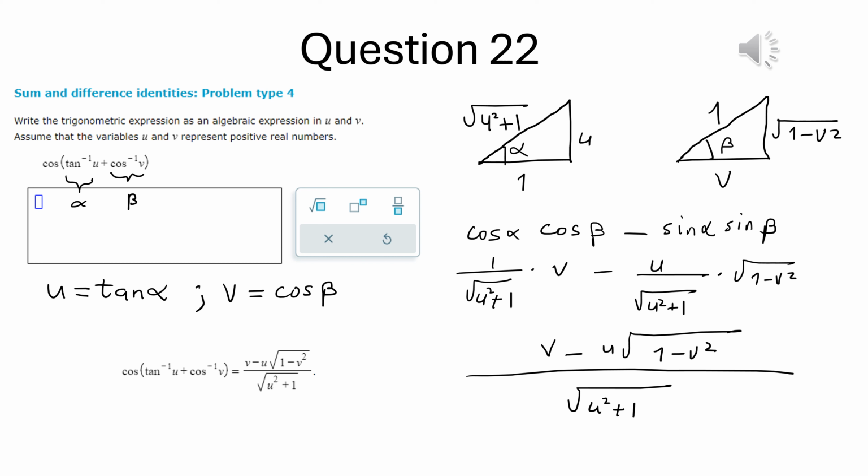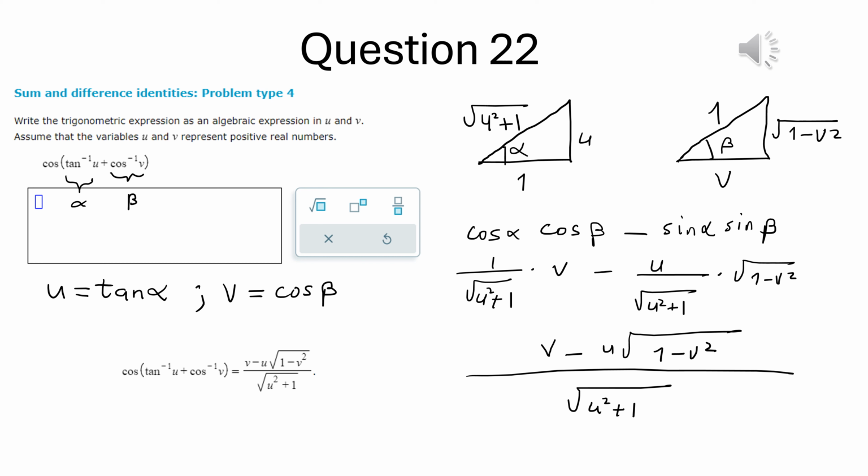Remember, the answer of an inverse trigonometric function is an angle. In other words, u is equal to tangent alpha and b is equal to cosine beta. This allows me to do two triangles. One triangle for alpha and one triangle for beta.